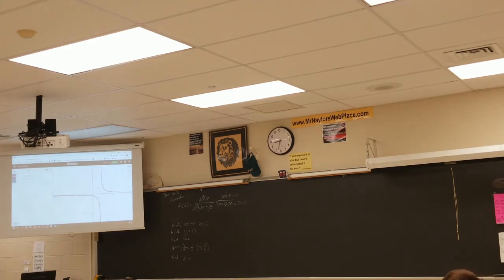Honestly, there should be something that sort of bugs you, mathematically bugs you. It doesn't seem like what we came up with. If you're looking at this graph and you're looking at our answers, something's not lining up. It has to do with this x equals -4.